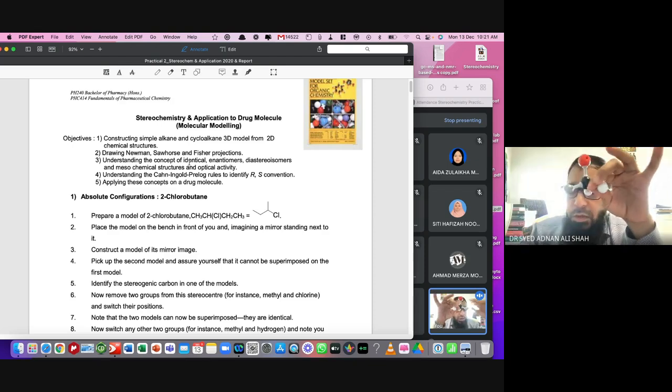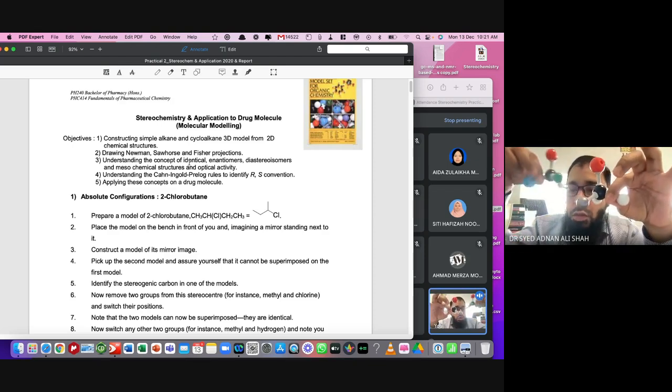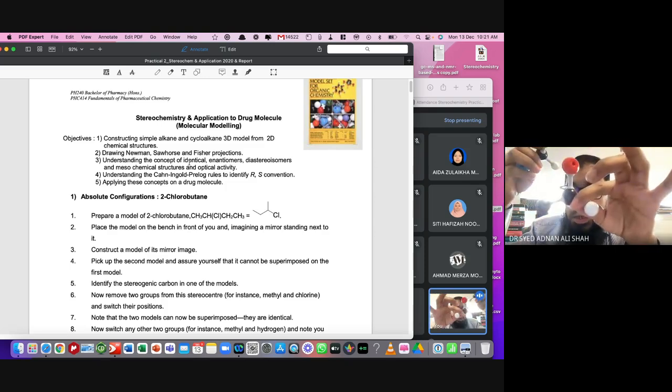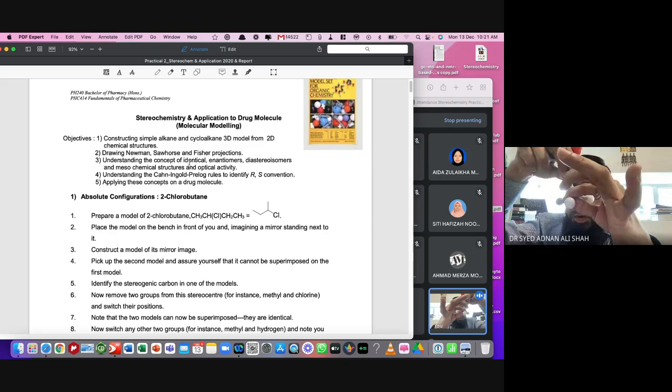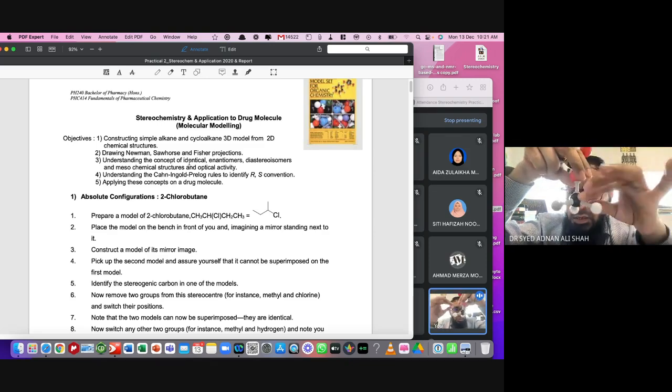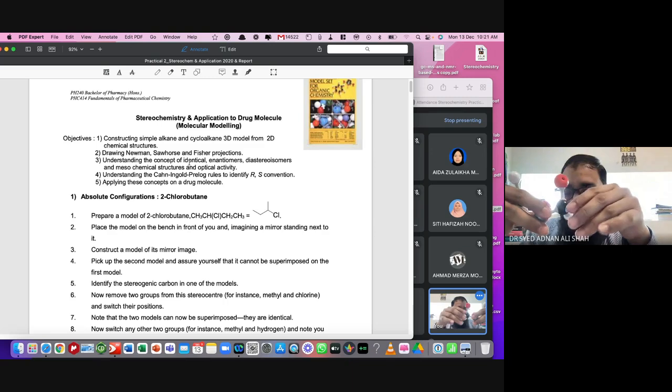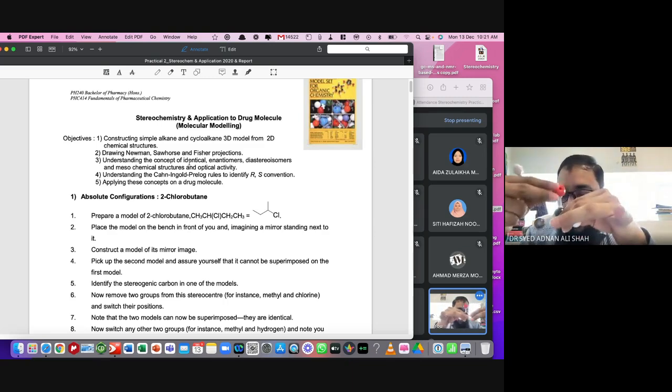So if the carbon has all four different groups, it is a chiral carbon, with unsymmetrical groups attached to the carbon. And this one has two symmetrical, identical groups attached to the carbon, and two groups that are different.